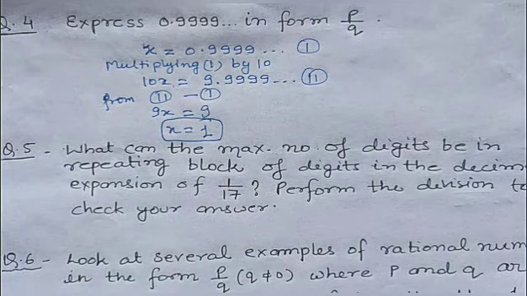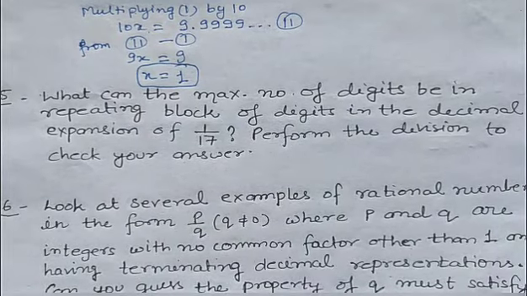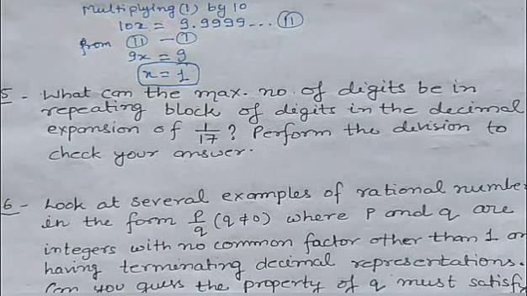Now question number 5 is: what can the maximum number of digits be in the repeating block of digits in the decimal expansion of 1 by 17? Perform the division to check your answer. Means, as we have seen in the first part of the question, there also we have divided.